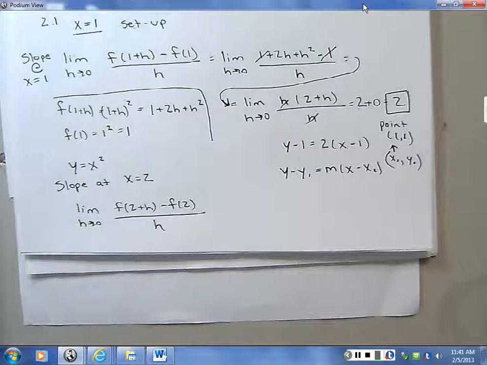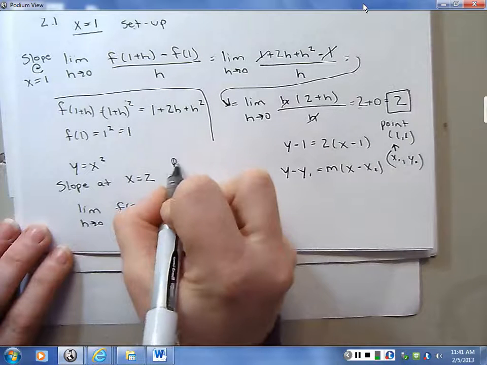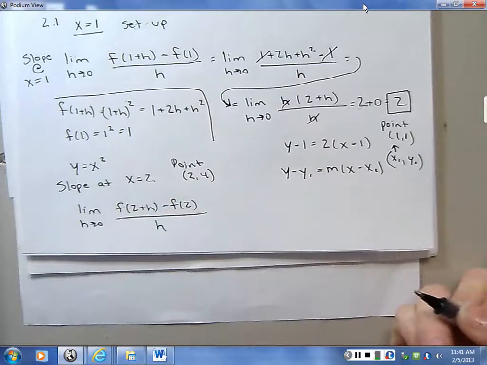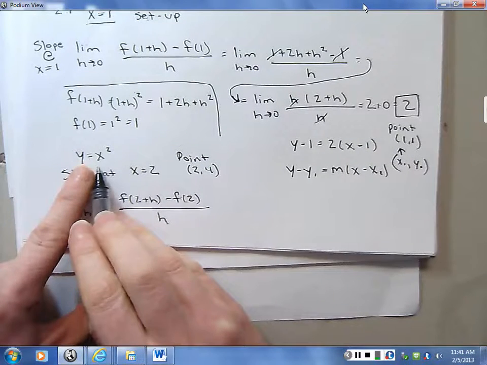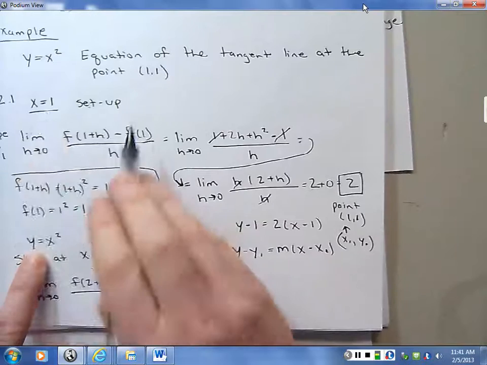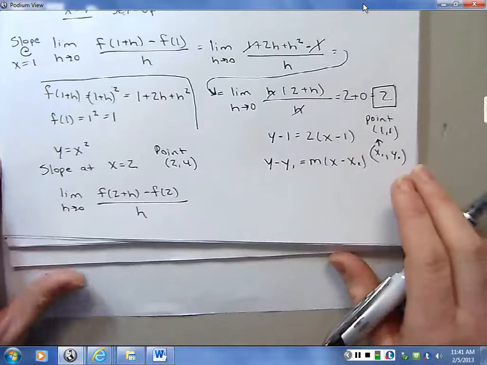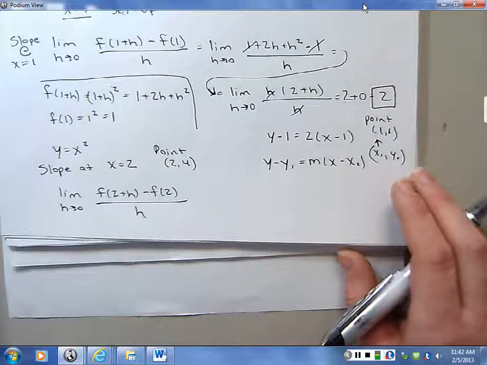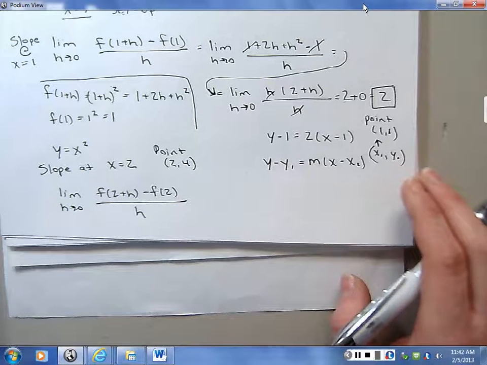At x equals 2 means your point is 2 comma 4. If I plug in 2 to the equation, I get out 4. If I plug in 1, I get out 1. In a minute, we'll do an example at x equals 3, which would be the point 3 comma 9. But they might not always give you the point. They might only give you the x value, but to find the y value, you just plug that into the equation.